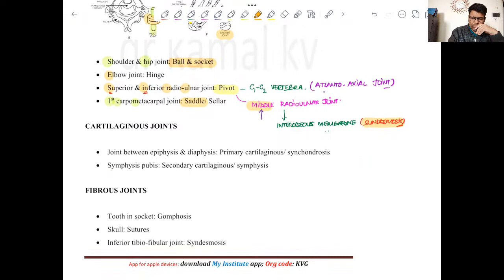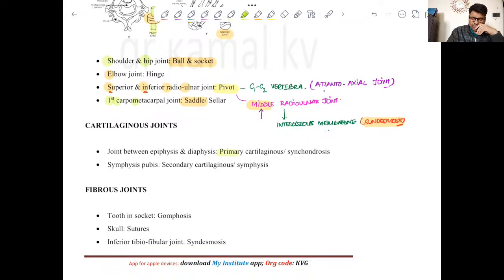Then moving forward to cartilaginous joints, there are two types, primary and secondary. Now the important example of primary is the joint between epiphysis and diaphysis, and this you can remember as growth plate, right? So this is primary cartilaginous, also known as synchondrosis.